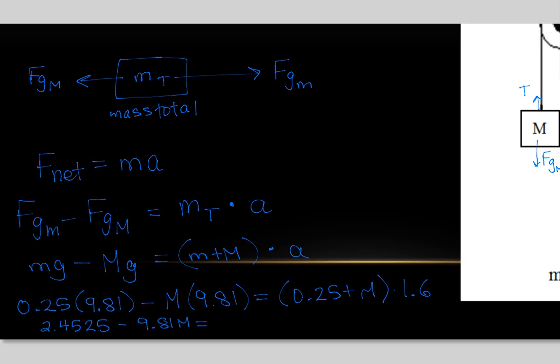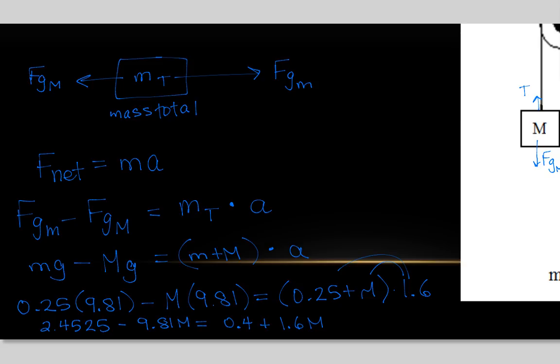Is it pretty obvious? Yes, expand, multiply it in, distribute. Absolutely. So you get 1.6 times 0.25. So that's 0.4 plus 1.6 capital M. So you have an equation where you have m's and constants.